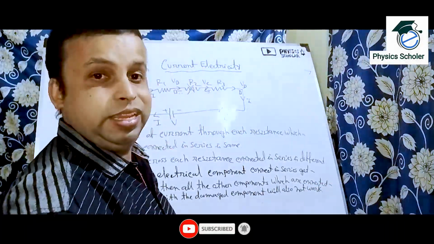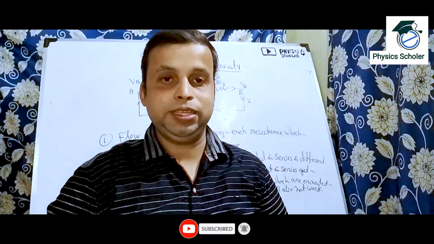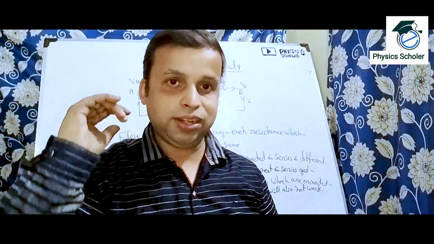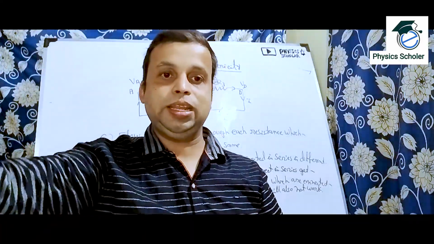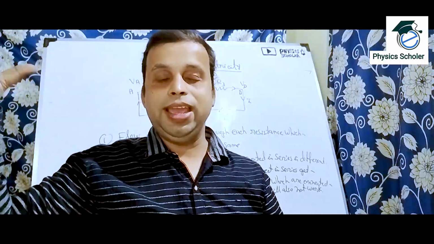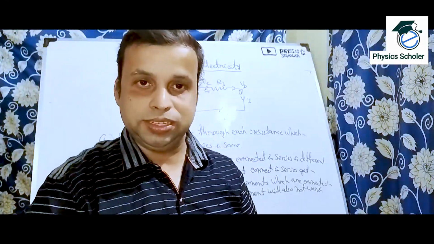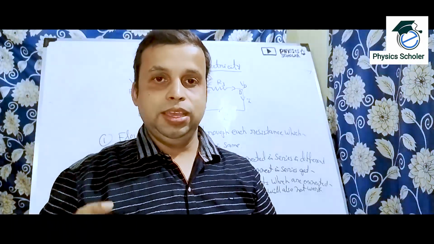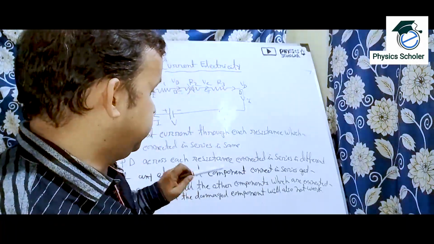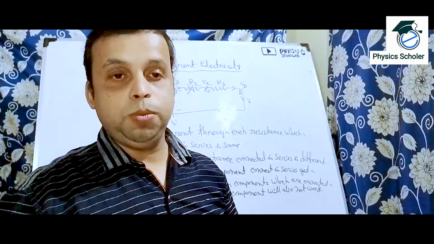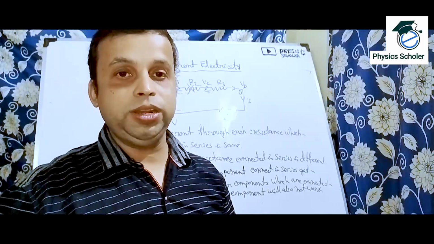So suppose for domestic purposes the fans or lights of our houses are connected in series, then if one fan is not working, the other fan will not work. If one light is not working, the other light will not glow. These are the drawbacks of the series circuit. So if any component gets damaged, then all the other components will not work.